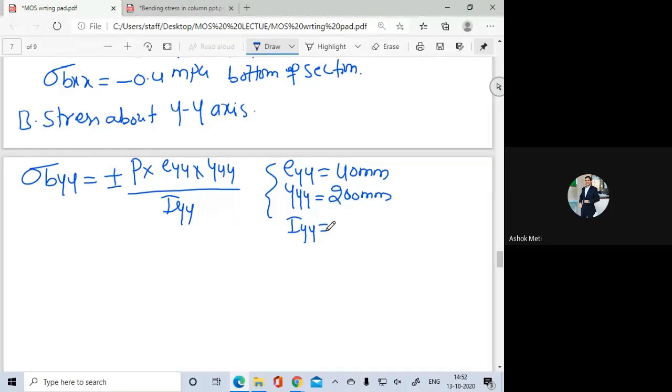It is bd cube upon 12, but with respect to the x, now it is db cube upon 12. So d is 300, width is 400, cube upon 12. So now sigma byy. Tell me the sigma byy quickly.